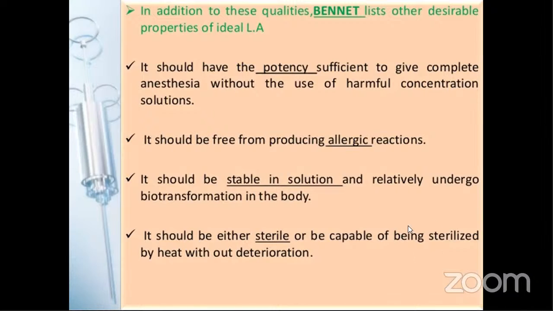If you are going for heat sterilization, it should not deteriorate or degrade the drug. It should be stable. Okay. So these are the other general properties of local anesthetics. If it has the proper properties, then you can accept it as your drug.